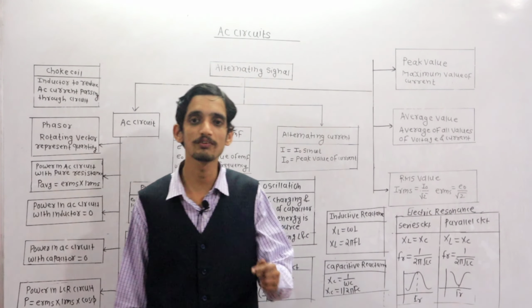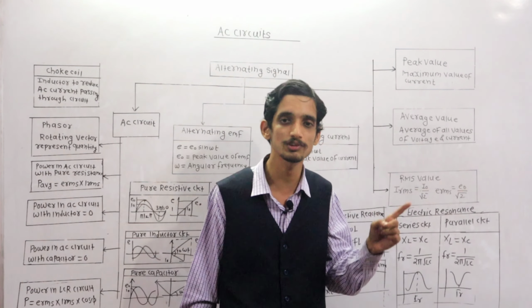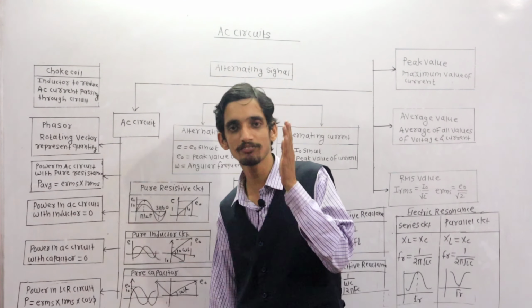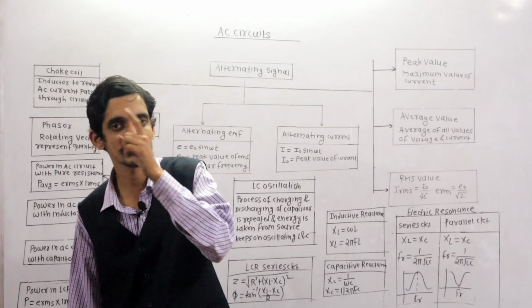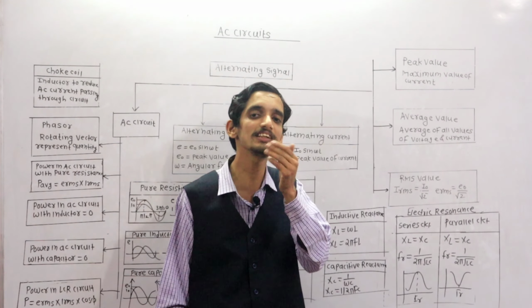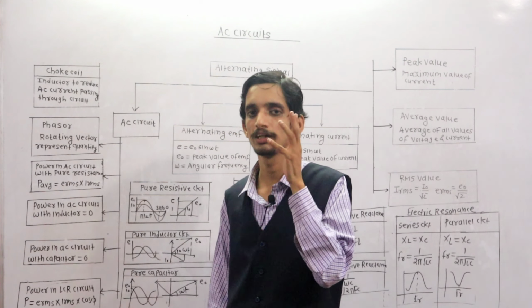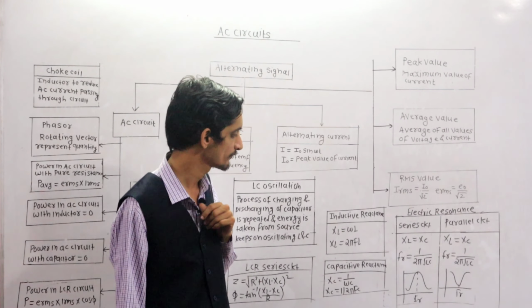Clear why? Because in the frequency acceptor circuit, at resonant frequency, the current reaches its maximum value, and in the frequency rejector circuit, at resonant frequency, the current reaches its minimum value.